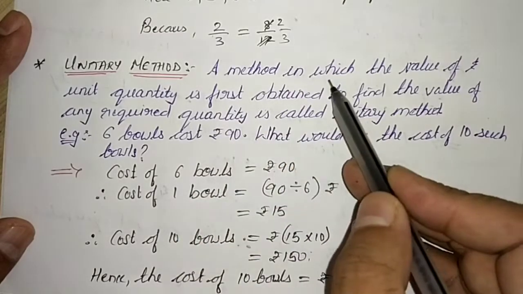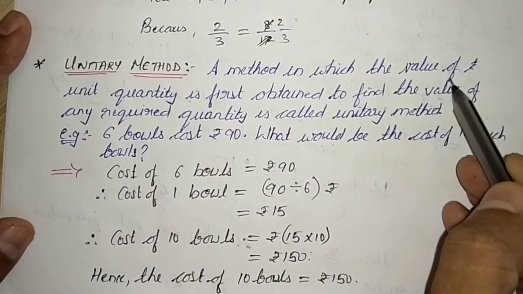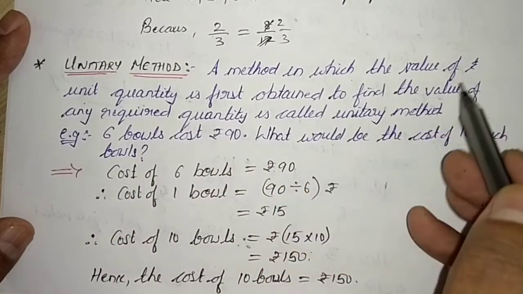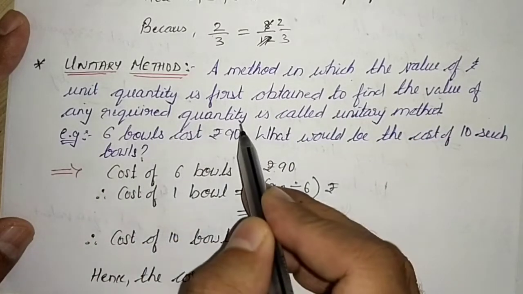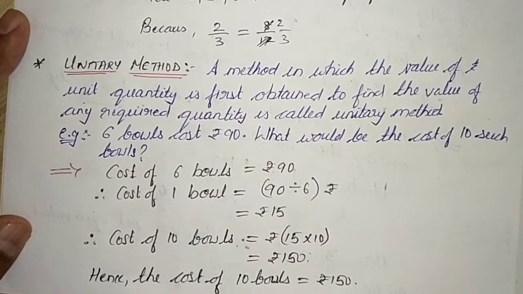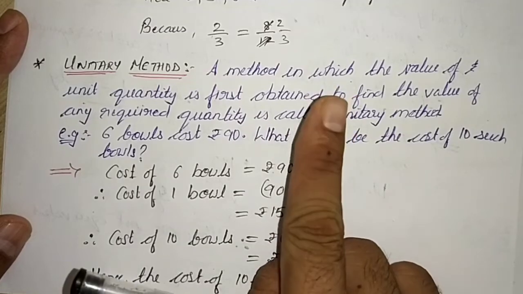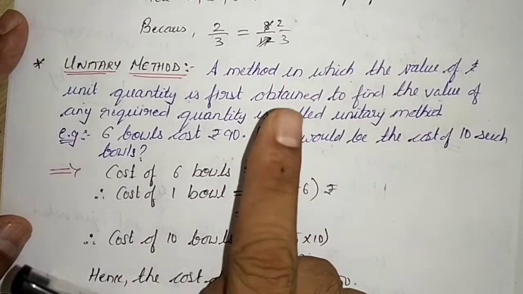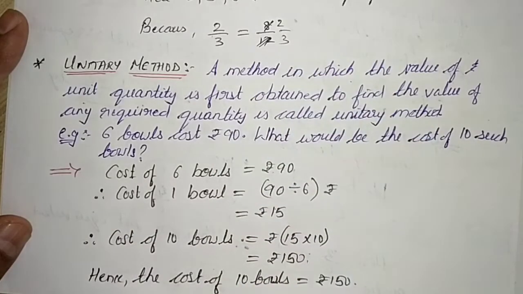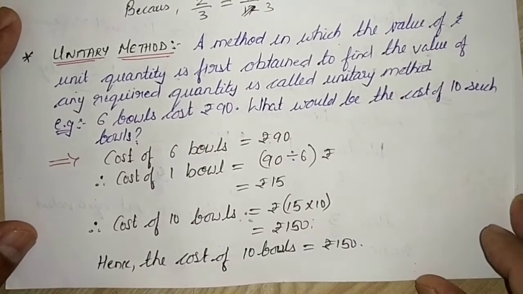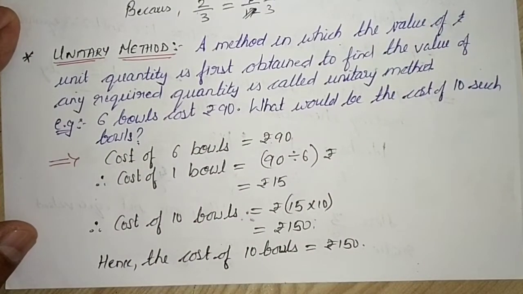A method in which the value of unit quantity is first obtained to find the value of any required quantity is called unitary method. The method in which we have to find first the value of one quantity, and then after finding the value of one quantity we multiply it to the required quantity, that is called unitary method. Let us take with one example, because with example you can understand very well.